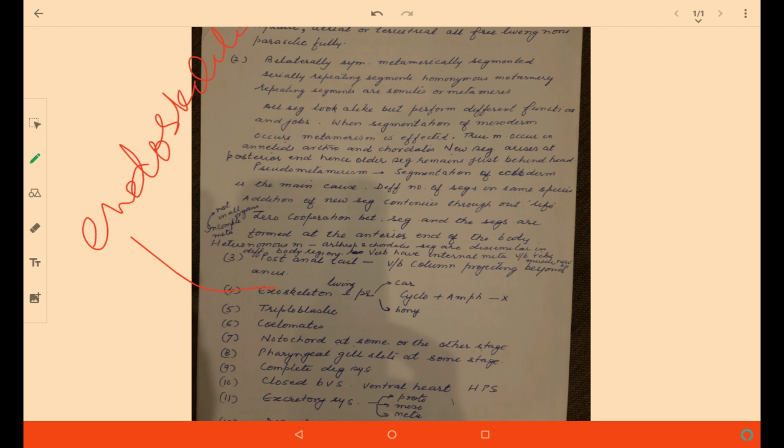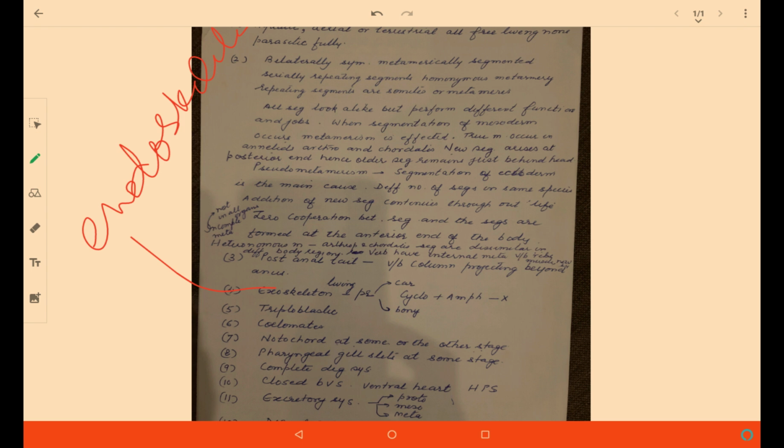Notochord is present at some or the other stage of life. Notochord is meant for providing the skeleton to the animal. Notochord is mesodermal in origin. Another aspect is presence of pharyngeal gill slits at some or the other stage of life.